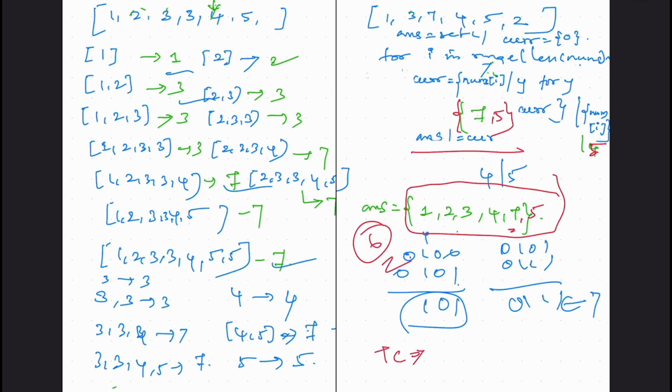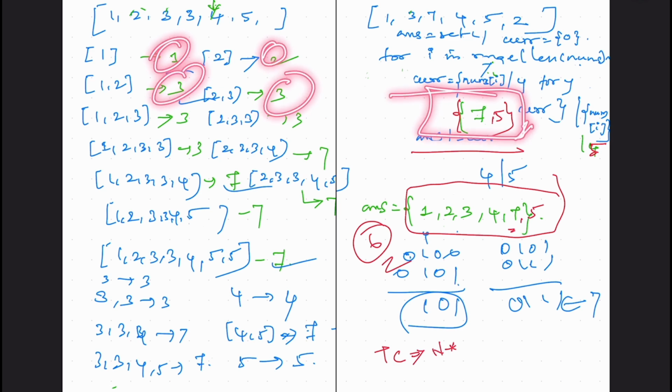So the time complexity for this is, we are traversing n, and we will be traversing through the unique combinations that we have in the previous subarray.